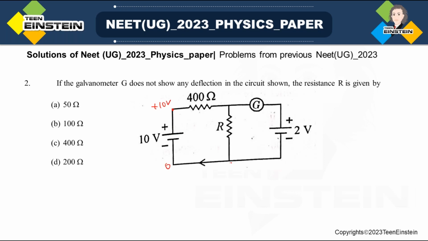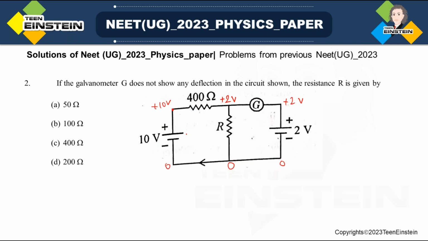This is 0, this is also 0, this is 0. And at this position it is actually plus 2 volt, then obviously we can say this also will be plus 2 volt, so that there is no potential difference across this galvanometer. So that's why there is no current flowing. Okay, the current flowing through this is 0.